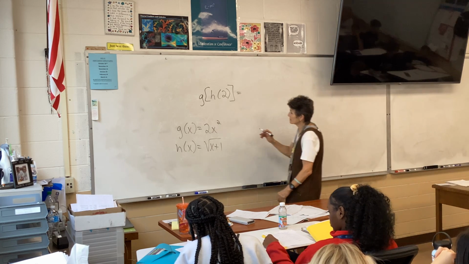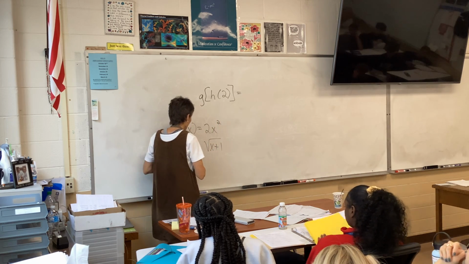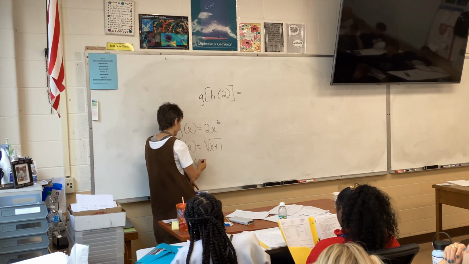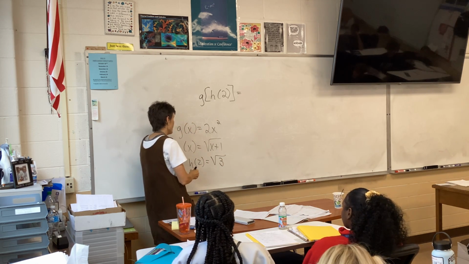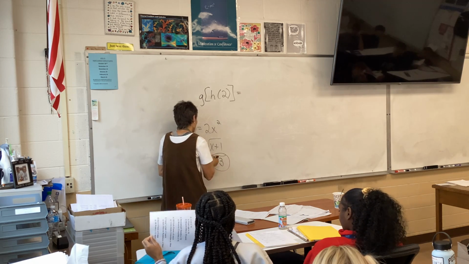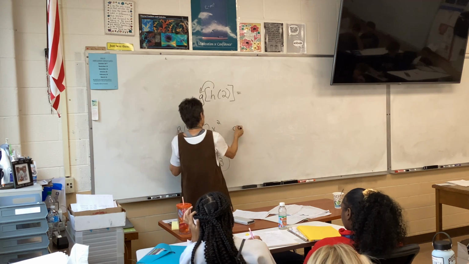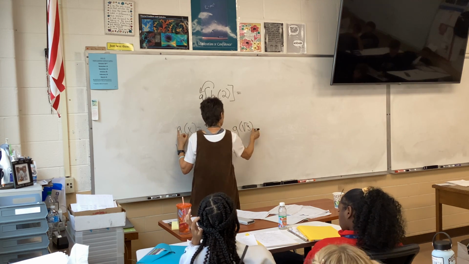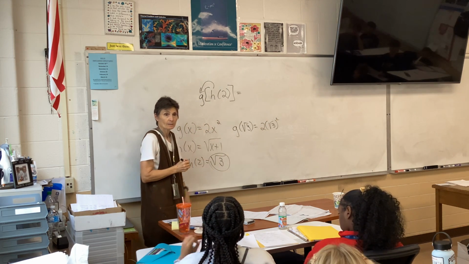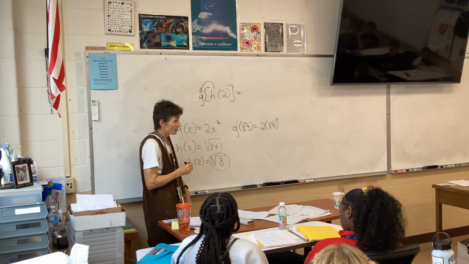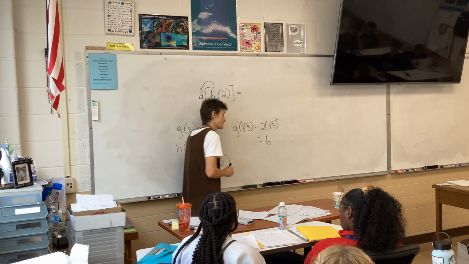So this means plug 2 into h. If I plug 2 into h, I'm going to get the square root of 3. Then I take the square root of 3 and plug it into g. So g of the square root of 3 will equal 2 times the square root of 3, squared. And the square root of 3 squared is 3, times 2 is 6. So the answer is 6.